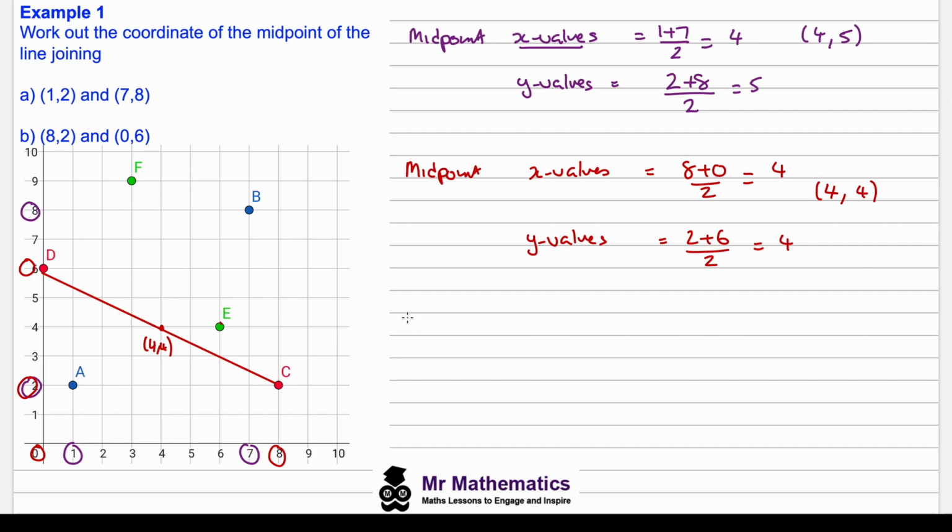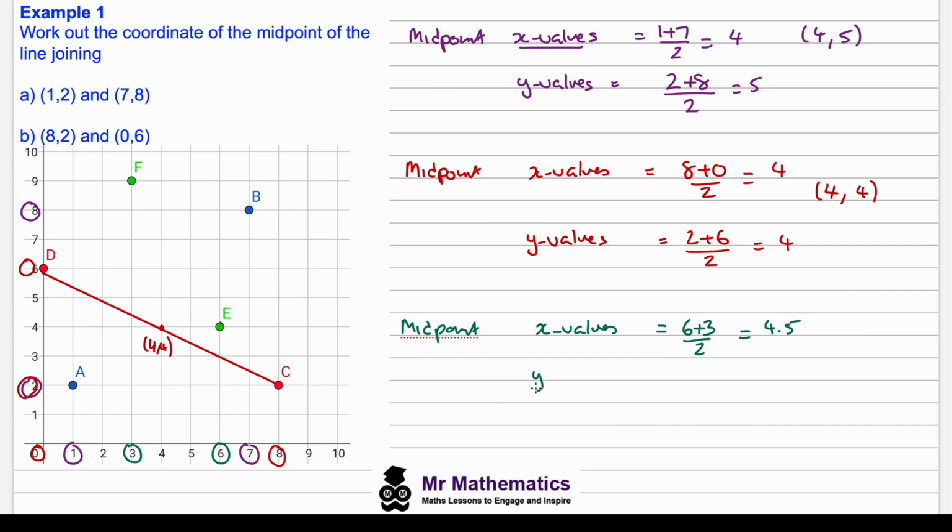Okay, so welcome back if you had a go. So we'll look at the midpoint by considering the x values, which are 6 and 3. So we'll take the average of 6 and 3. This will give us 9 divided by 2, which is 4.5.